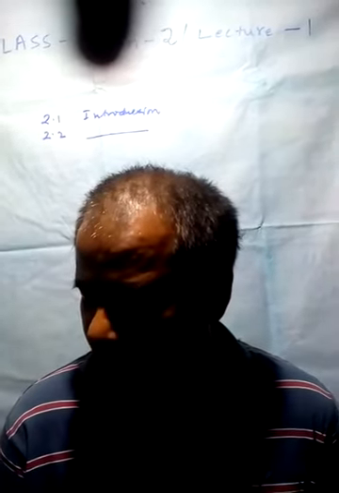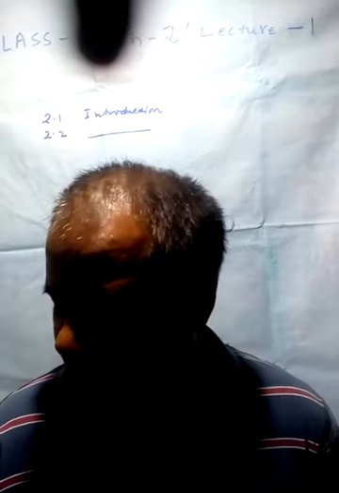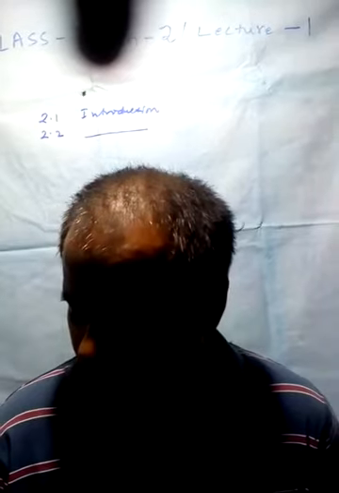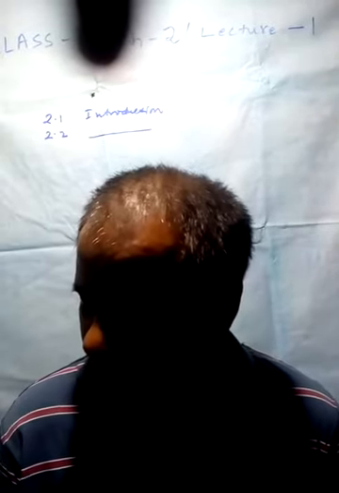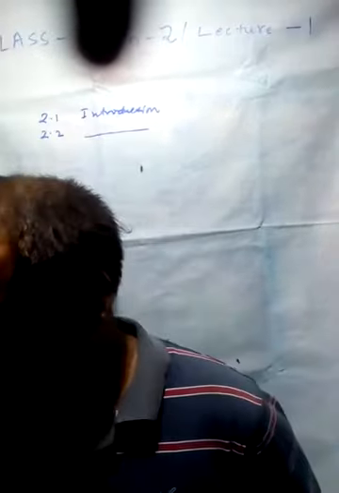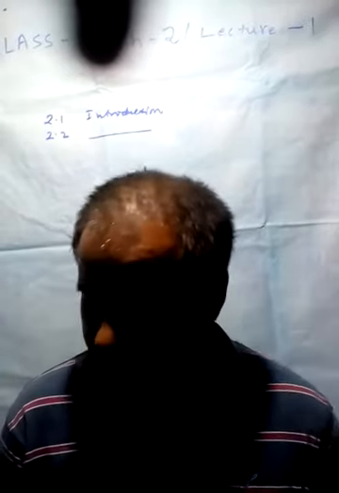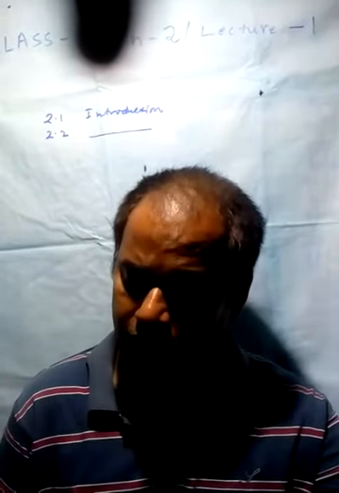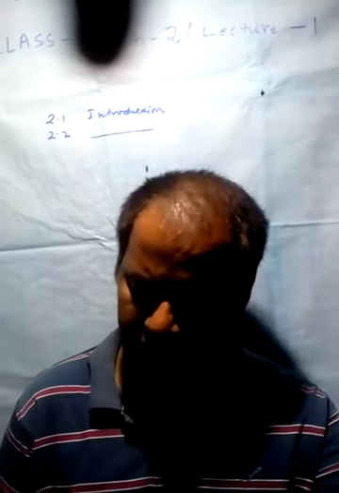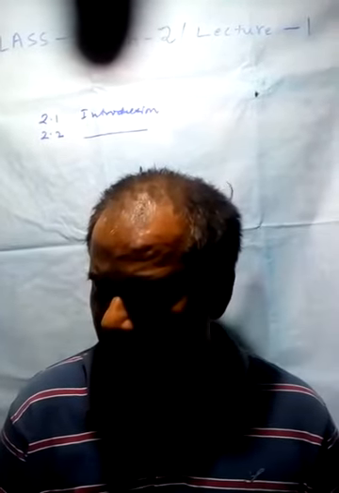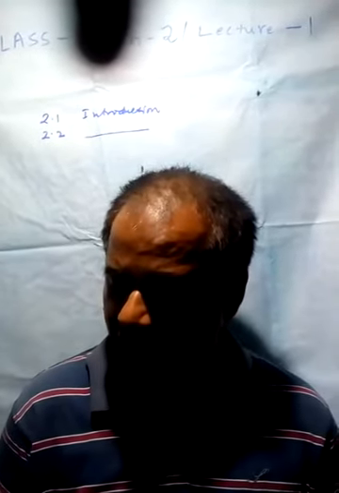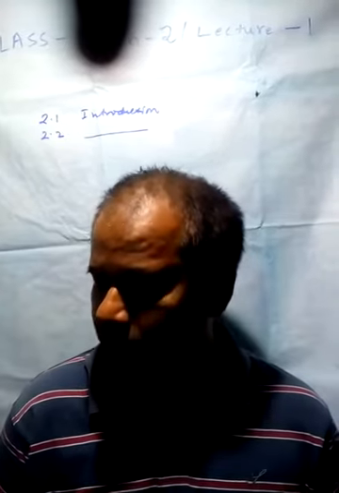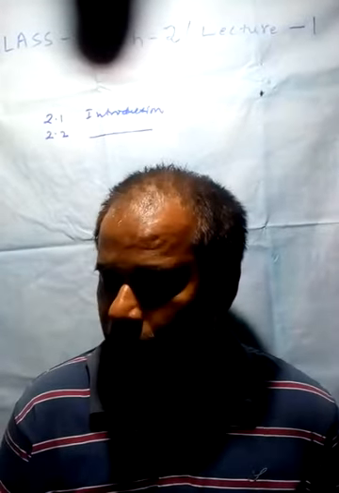Combining the two shaded parts, we get figure 2.2. What part of the circle does the shaded part in figure 2.2 represent? It represents 2 by 4 parts of the circle. The shaded portions in figure 2.1 taken together are the same as the shaded portion in figure 2.2.